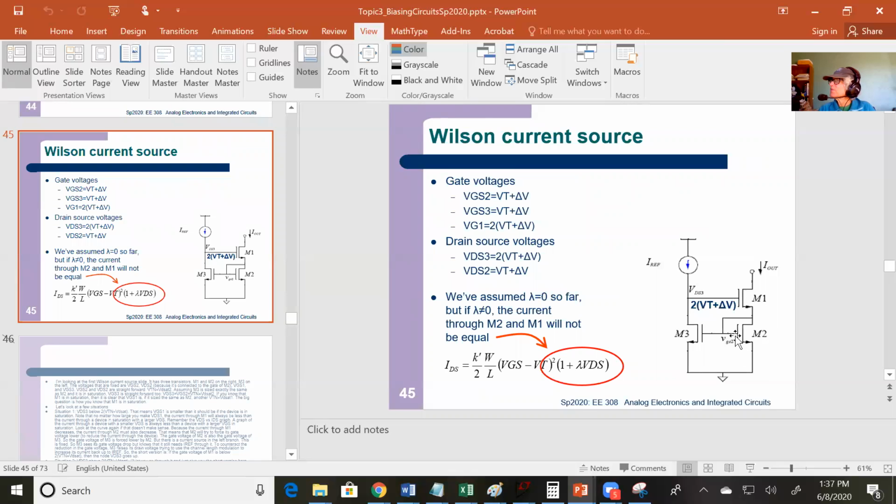Does cascading give you a good current source? So what's cascading's superpower? It increases your output resistance, right? Yes. And that would be bad for a current source.